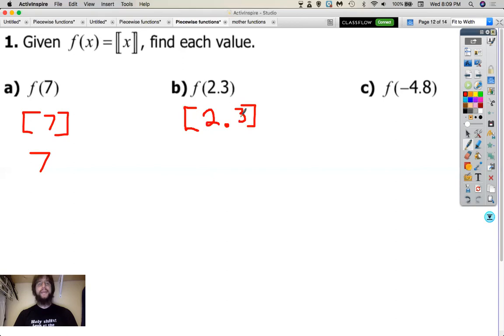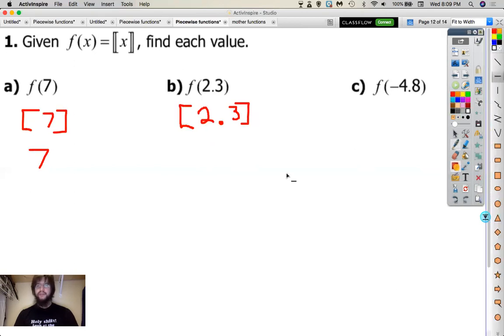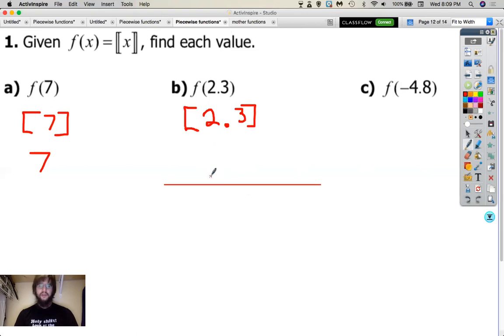So what is the biggest integer that is less than or equal to 2.3? Well, let's see 2.3 on a number line real quick. I'm pretty sure at least half of you are wondering what the heck I'm doing. It's obvious and easy, but let's just look at it. Here's 0, 1, 2, 3.